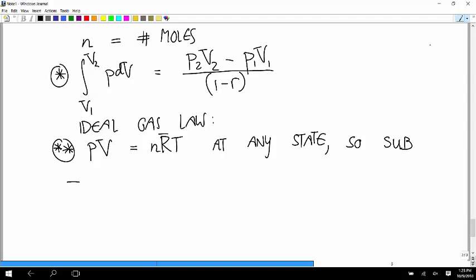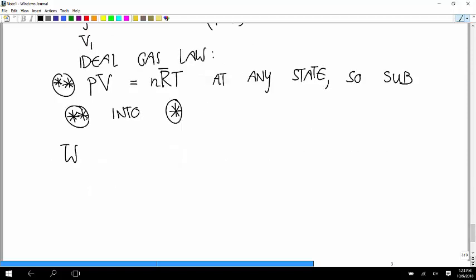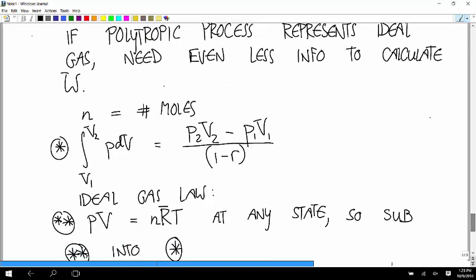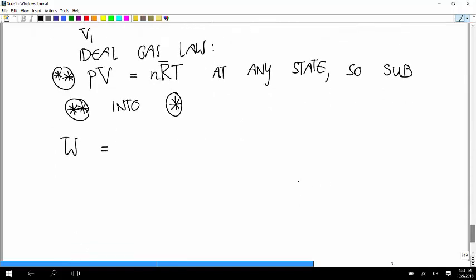So substitute double star into star, and you get that W is equal to, we're just going to replace these two terms using the ideal gas law, N, the number of moles, times the universal gas constant, divided by the quantity 1 minus R, times the quantity T2 minus T1.